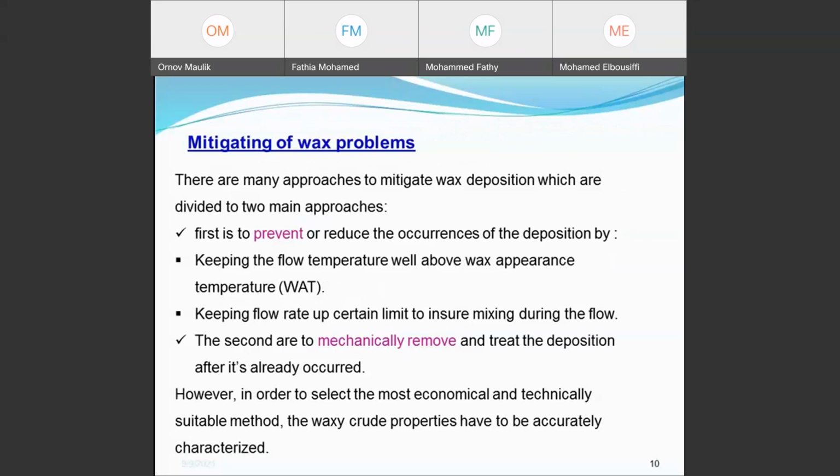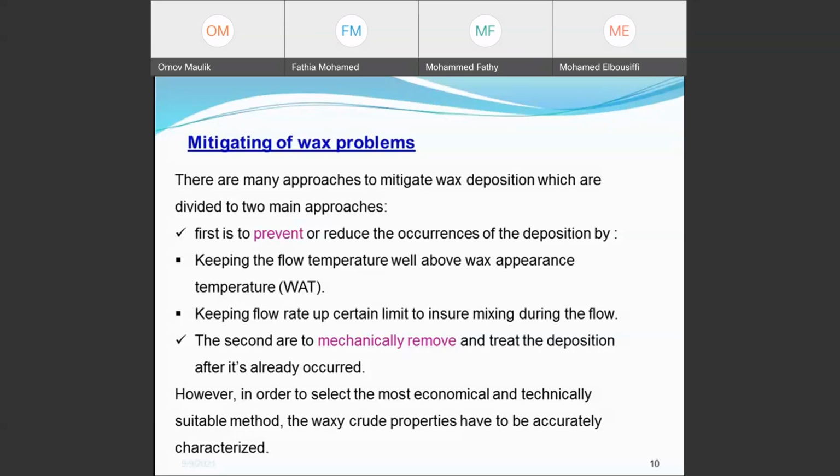This slide shows mitigation of wax problems. There are many methods to avoid or mitigate these problems. First, prevent or reduce deposition by keeping the flow temperature well above the wax appearance temperature and keeping the flow rate above a certain limit to ensure mixing during flow.